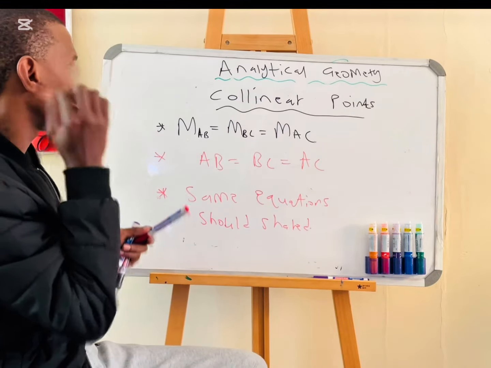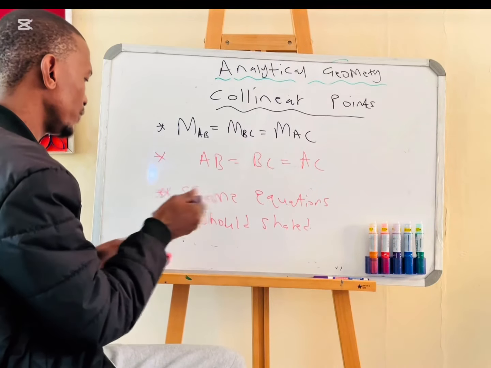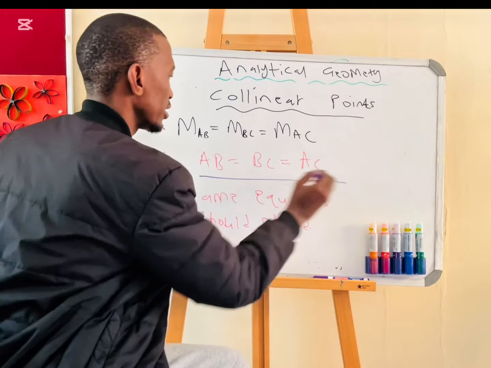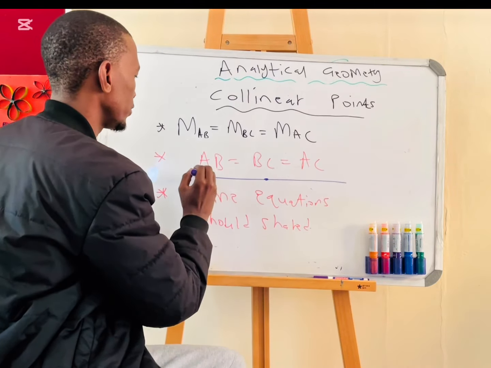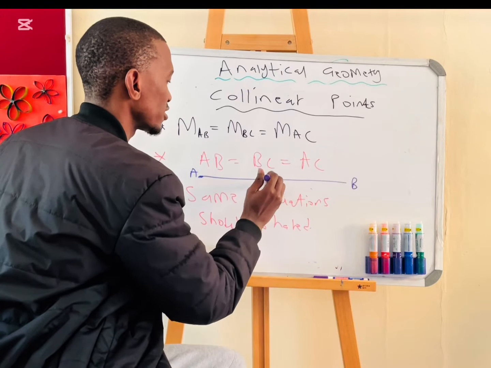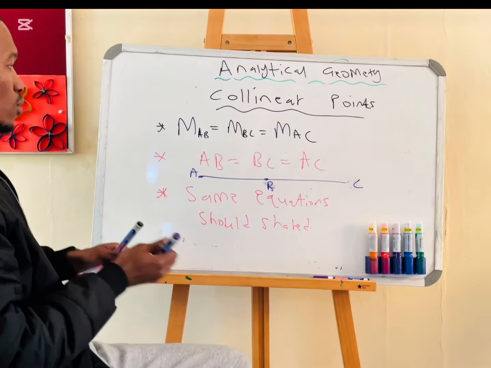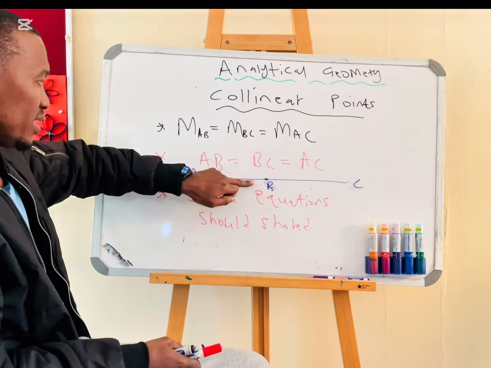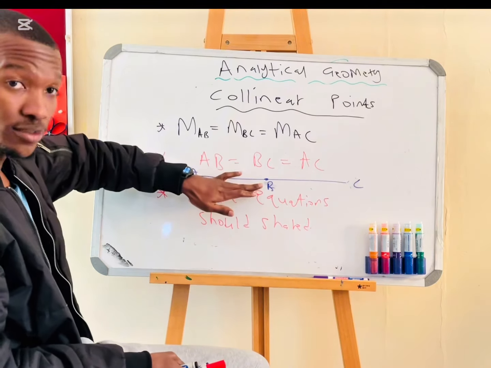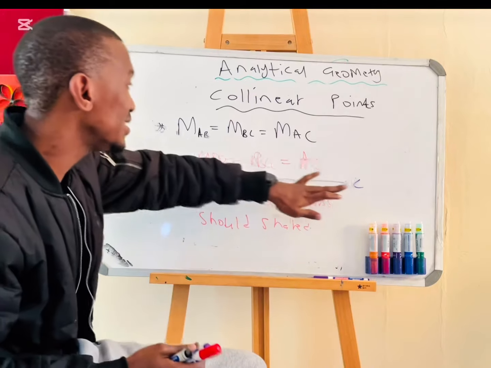Okay, so if you can still note, remember, you have your A, and your C, oh sorry, it was B here and C here. So look, the equation of line AB will be the same as the equation of BC.